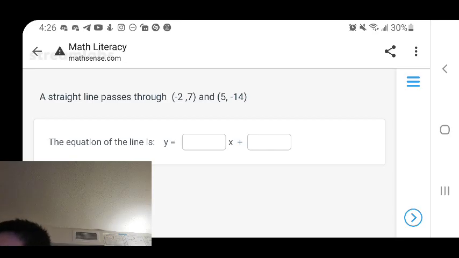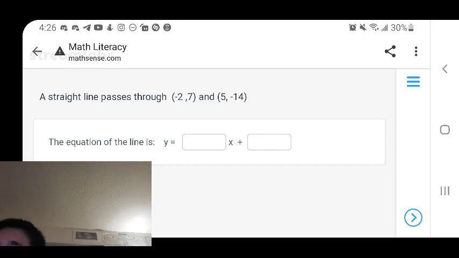Find m, the rise over run, slope. So you do -14 minus 7 and 5 minus -2. That'll be -21 over 7. So m is -3. And b is the y-intercept. So you want to find when x is 0. Oh no, you can just plug numbers in.